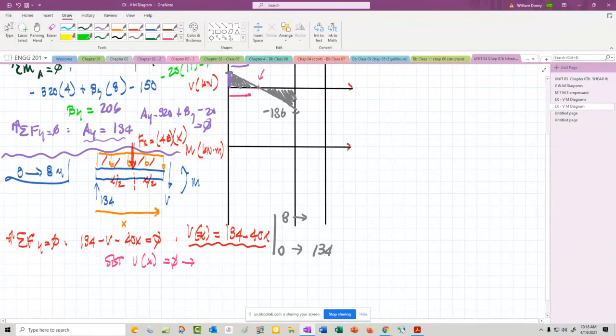That's 3.35 is the X value. And then if we evaluate that, we should get 0, and that corresponds to that point. So on an exam, I would want to see all those points, the 134, the 186, and then the point in the middle where the shear crosses 0.